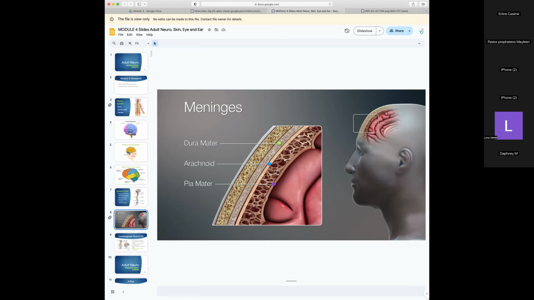What do you think could happen if there's too much fluid? Ooh, I'm telling you, this group is going to pass. This group is going to pass. Pressure, right? For example, let's say you drink a normal amount of water.